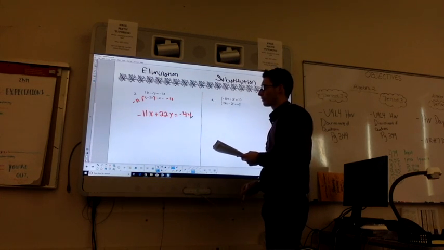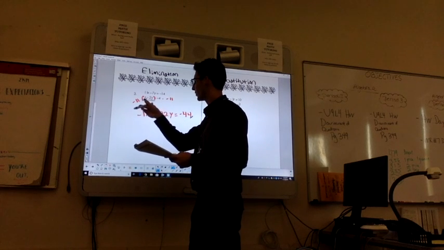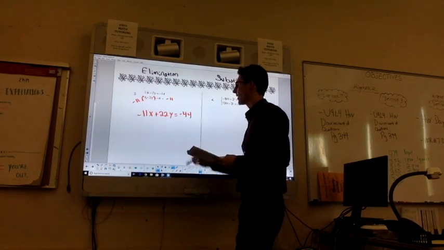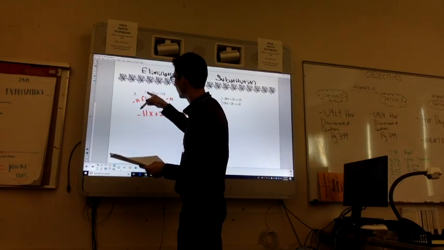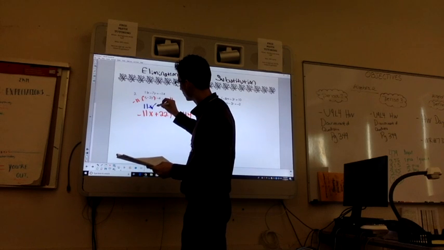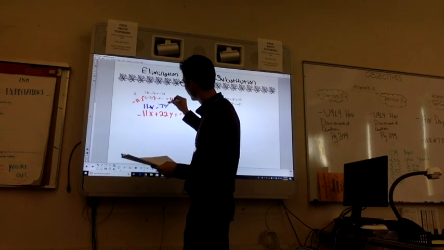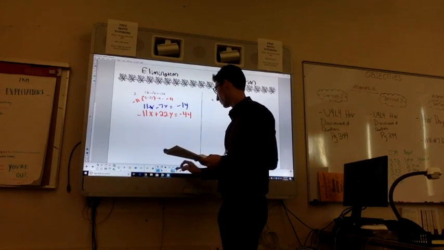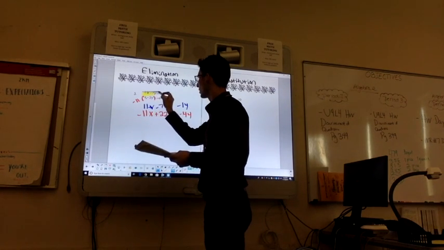So now I turn this whole thing into this. And now if I combine both of my equations, so this is my original 11x minus 7y equals negative 14. So this was this equation here.